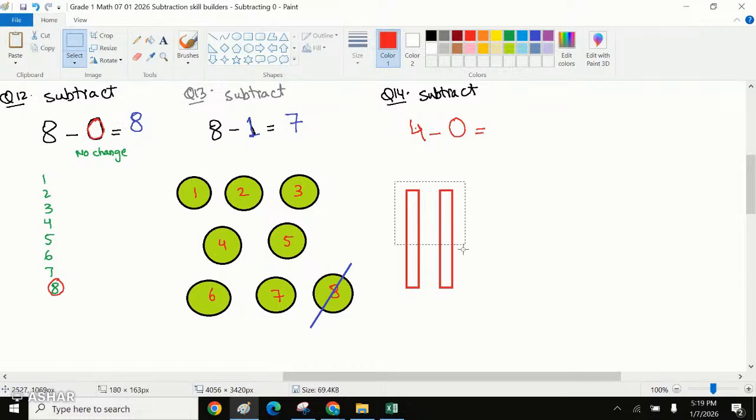If we have 2 rectangles, we make another copy, and the total is 4 rectangles, right? We can number them: rectangle number 1, 2, 3, and 4.